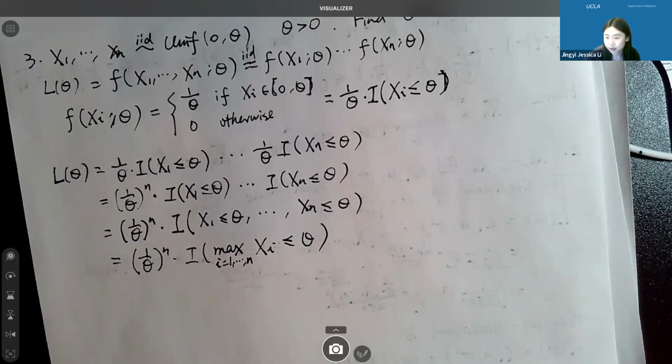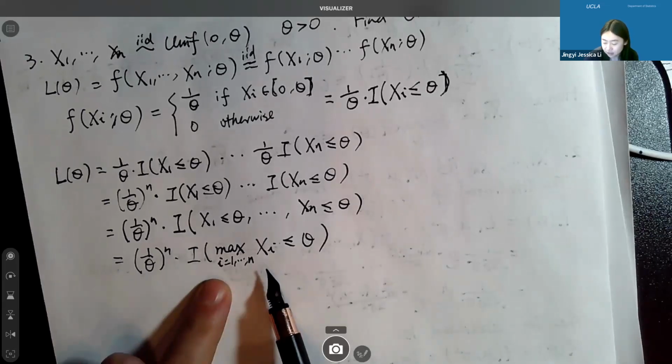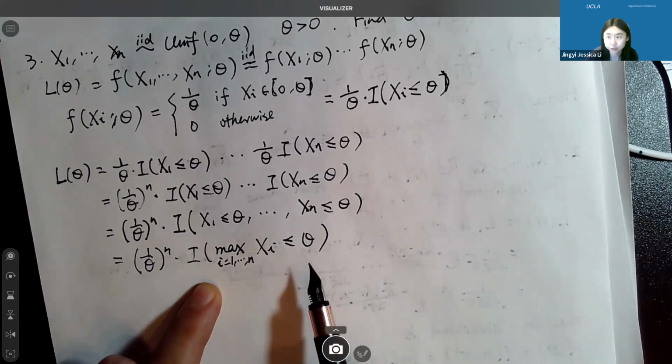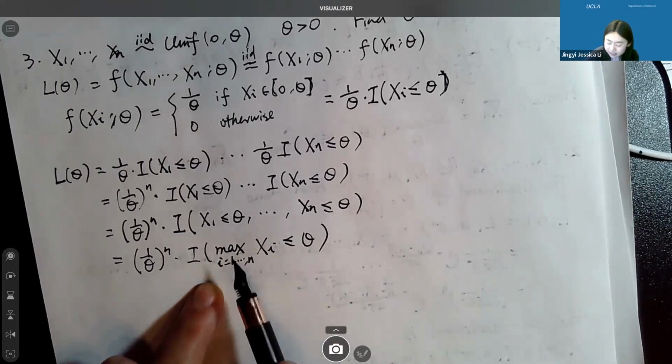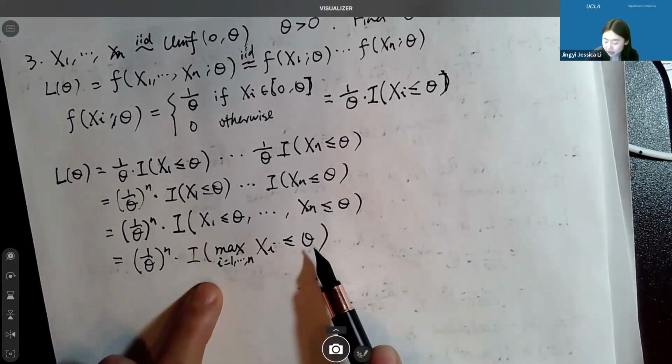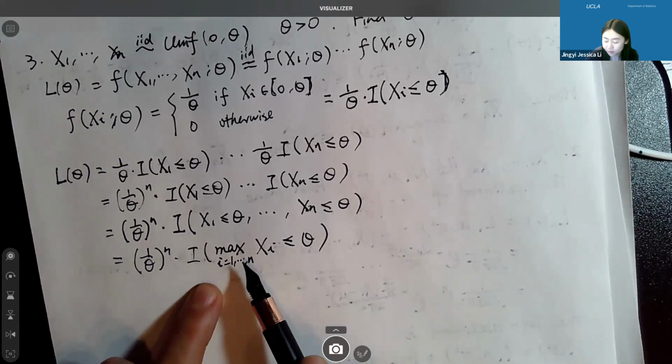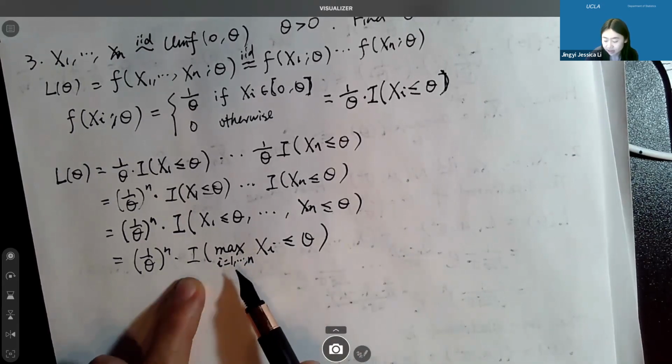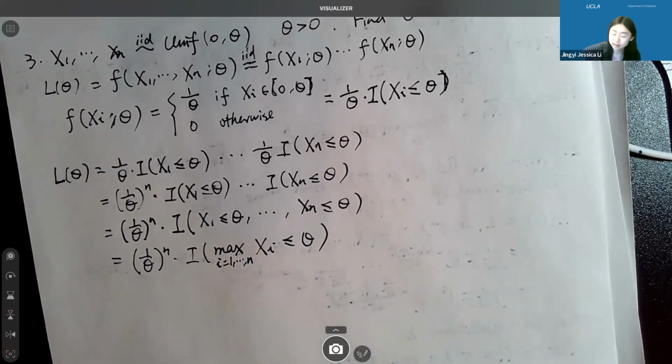Because if you think about it, let's say we fix this maximum and we change theta. If theta is less than the maximum, the indicator is 0. Once theta reaches the maximum or becomes larger than the maximum, the indicator suddenly becomes 1. So this is a jump step function. It's not differentiable with respect to theta.